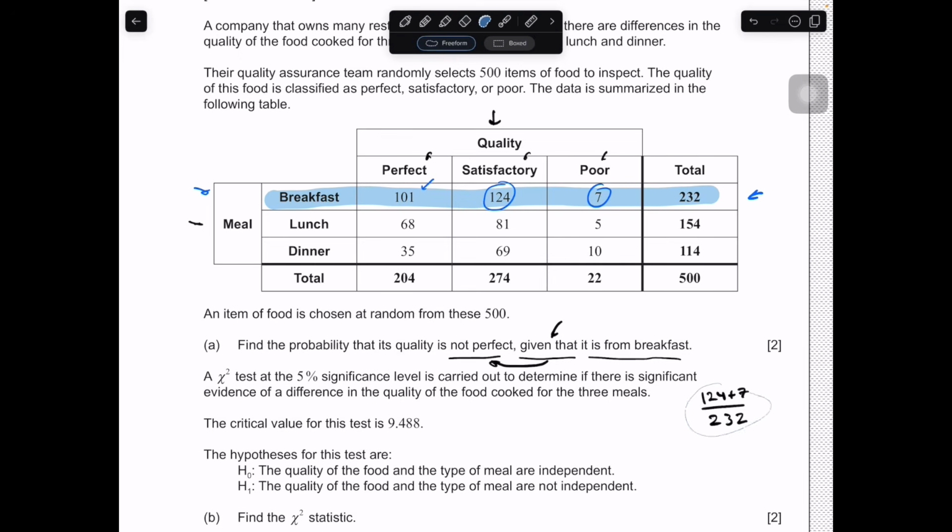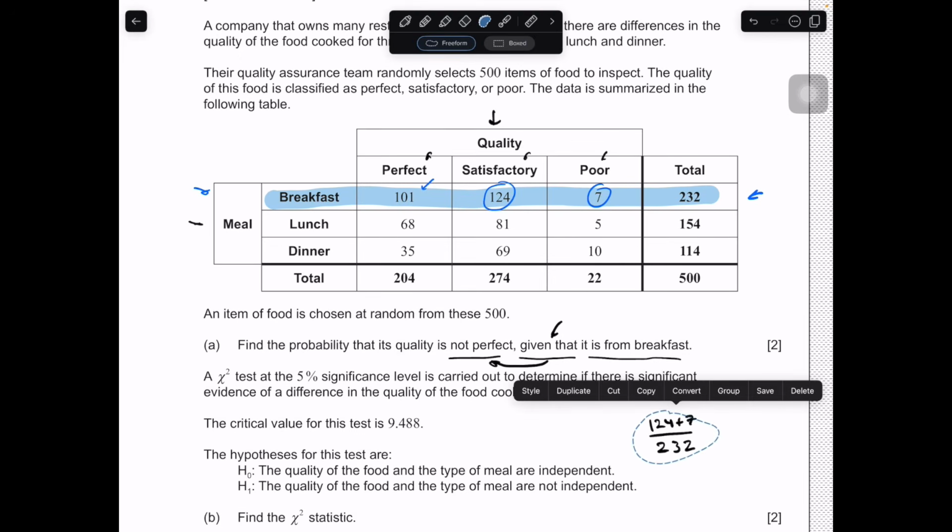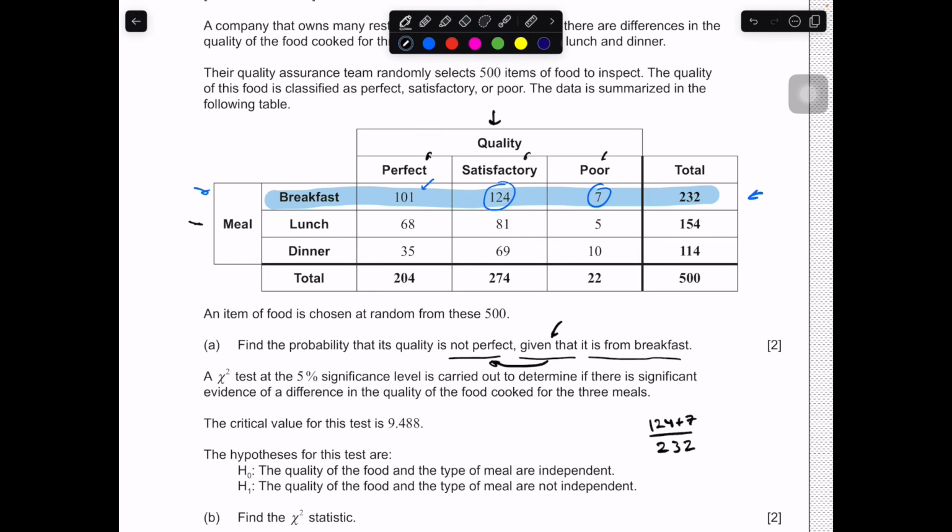Okay, so that's not a bad question. And then this will be 131 over 232. And this gives us a value of 0.5647 or 0.565.